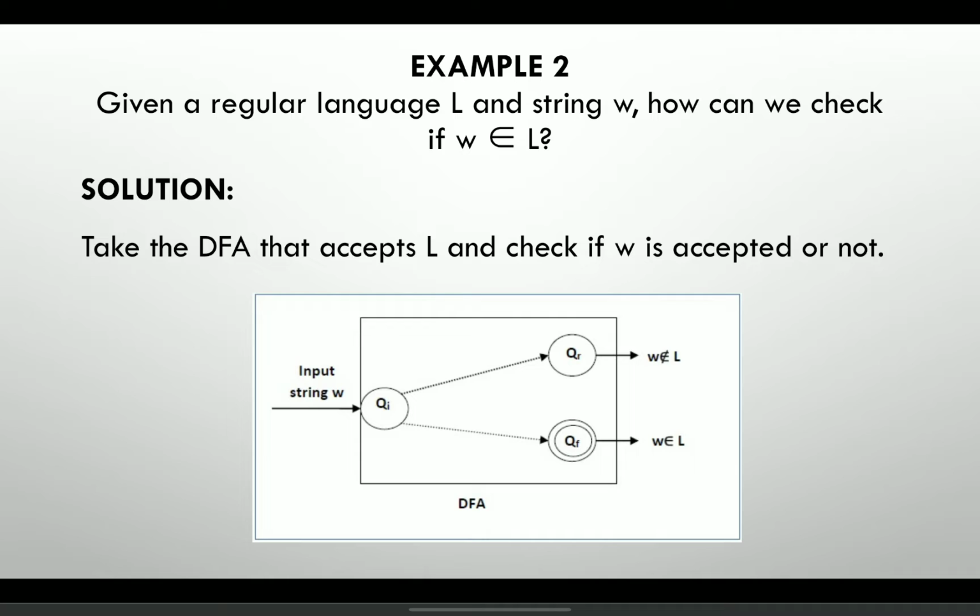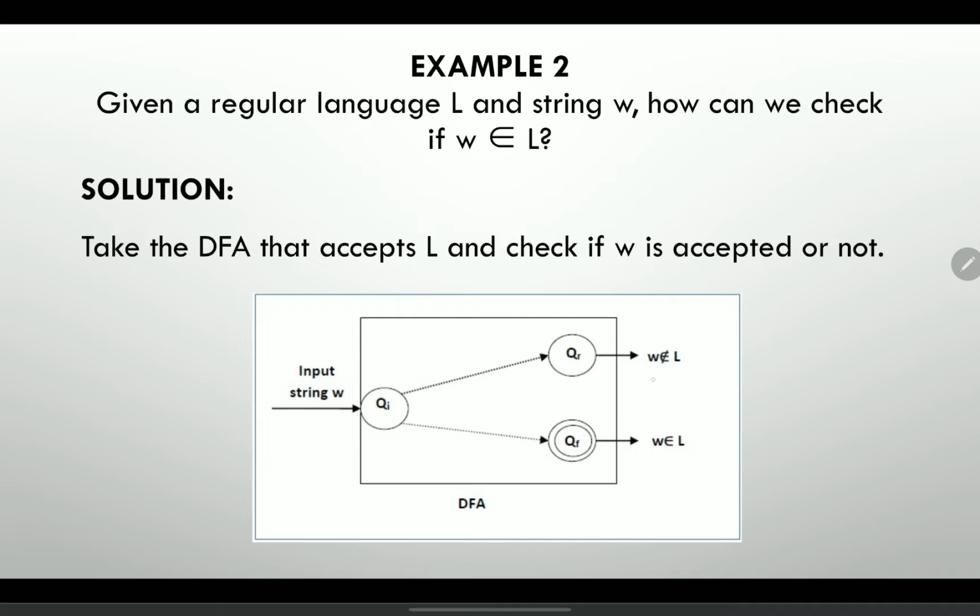Here in the diagram we have a general diagram of DFA where we give the input string W and we go into the initial state of Qi, and then in between the initial and the rejected or the accepted state there can be a finite number of other states, and at last we can say that the given input string is rejected or accepted based on the state in which it ends.